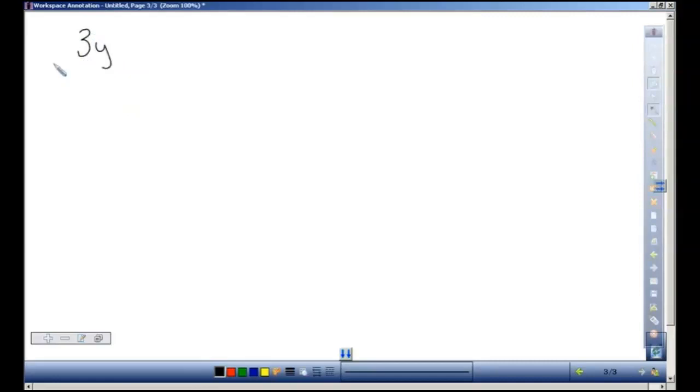If I have 3y over y squared minus 25 minus 8 over y minus 5, this is my problem. Step number 1 tells me that I need to find my LCM of my denominators. And as we discussed the other day, that means that we need our denominators to be factored.